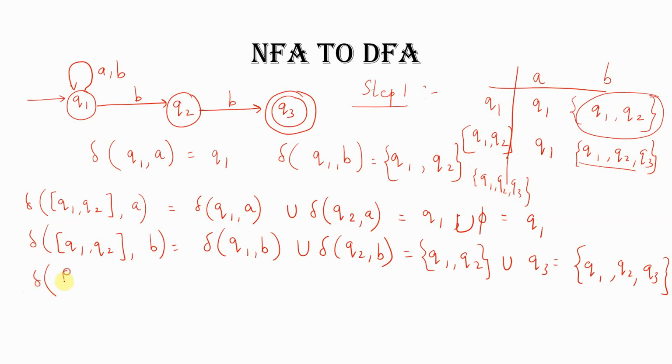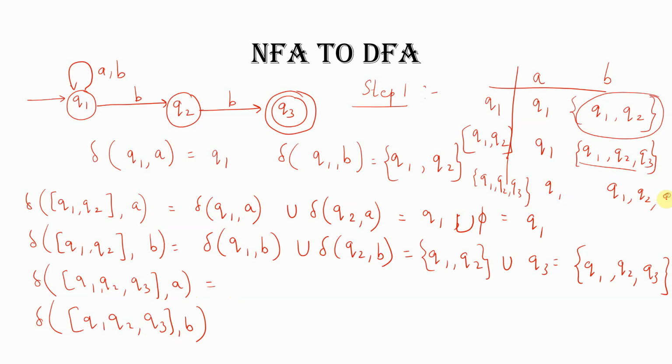So this will be delta of Q1, Q2, Q3 on A, and delta of Q1, Q2, Q3 on B. Separate this out, that is, you compute delta for individual components Q1 on A, Q2 on A and Q3 on A, apply the union operation, and you will obtain this value as Q1 and Q1, Q2, Q3.